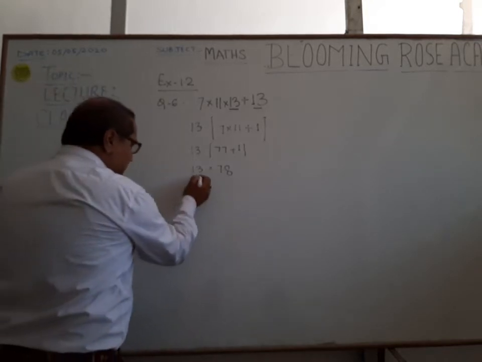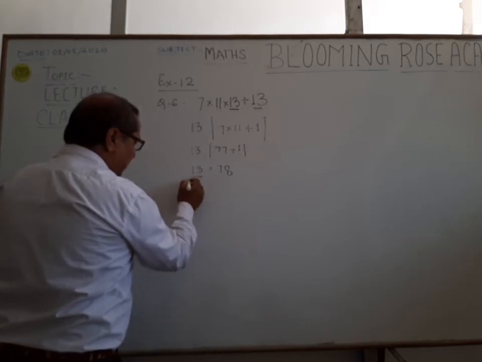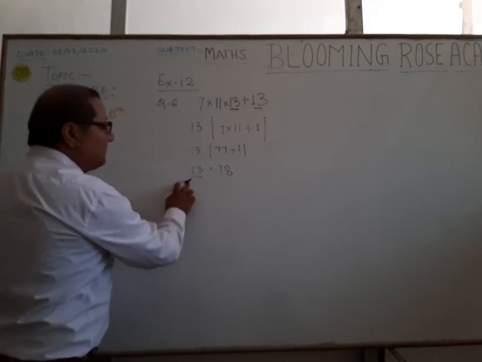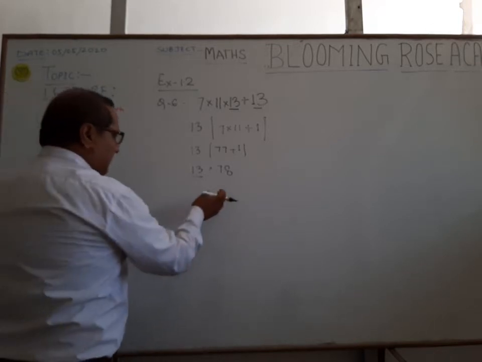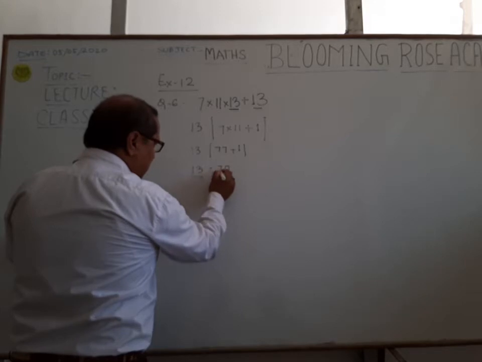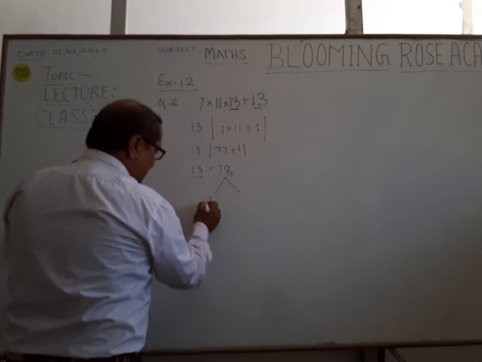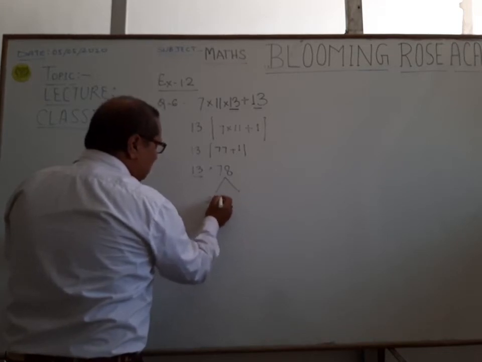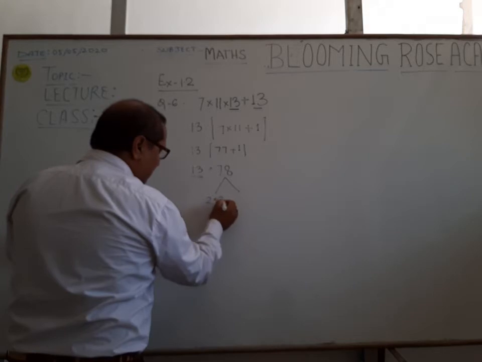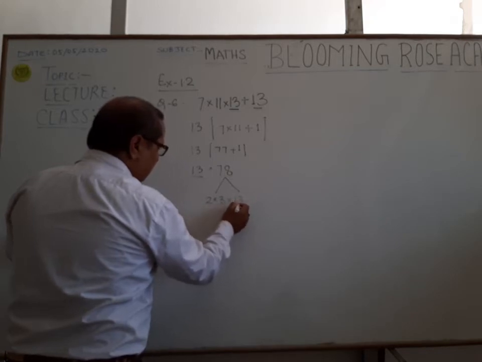Student, now 13 is a prime number because it has no other factor except 1 and 13. But if you are taking this 78 as a number, it can be expressed as 2 into 3 into 13.